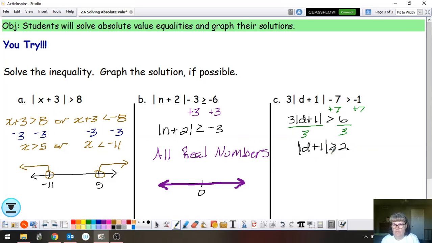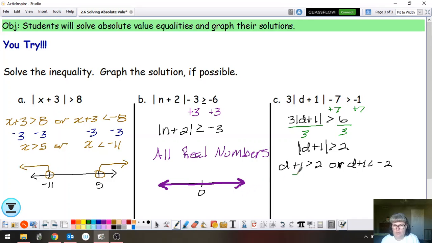Now we can look at this. I have an absolute value greater than 2. That means I'm looking for numbers that have a distance of more than 2, which we've already talked about is possible. So D plus 1 has to be greater than 2, or D plus 1 has to be less than negative 2.